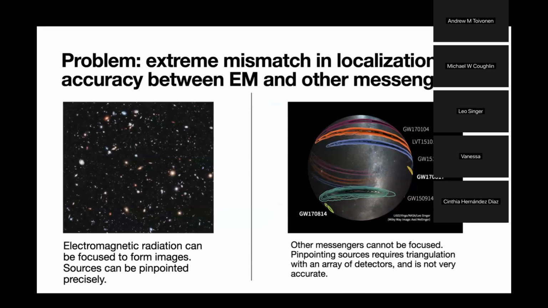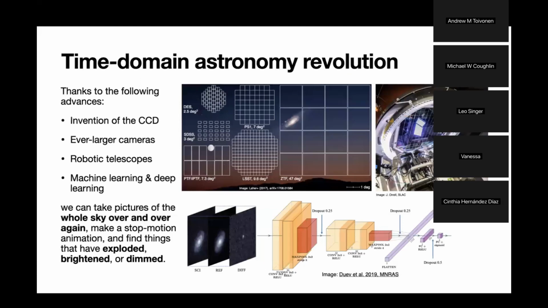And so, fortunately, around the same time that Advanced LIGO was just reaching some appreciable sensitivity, we were well along in this revolution in time domain astronomy, which is the whole reason that we have workshops like this.